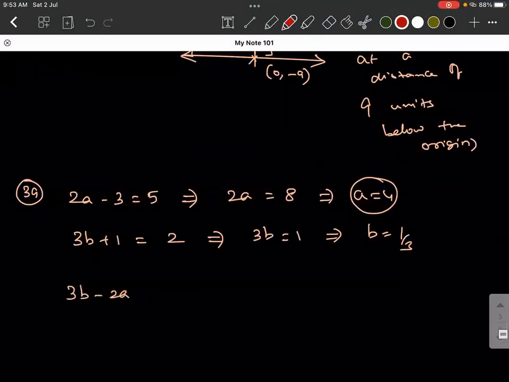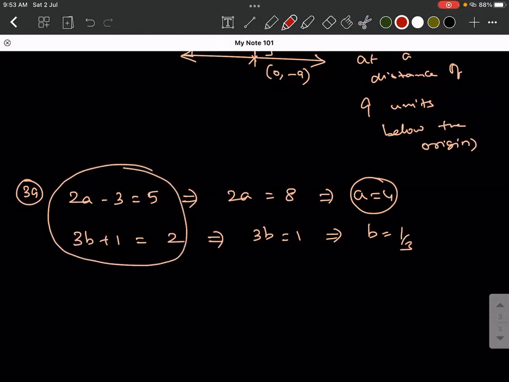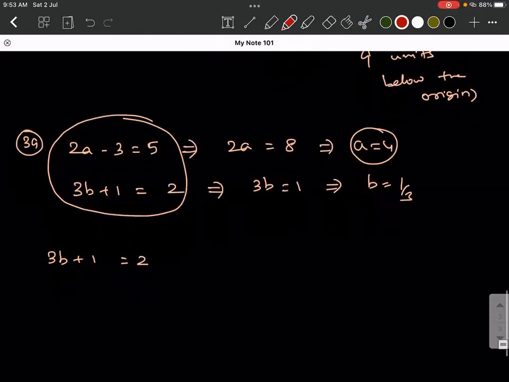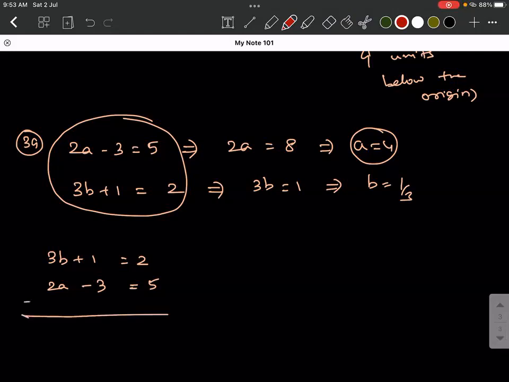Okay, then if that is the case, actually I found the value of a and b separately. Like how we told, you can actually subtract both. See, 3b plus 1 is 2, 2a minus 3 is equal to 5. They're asking 3b minus 2a, which means subtract both the equations.